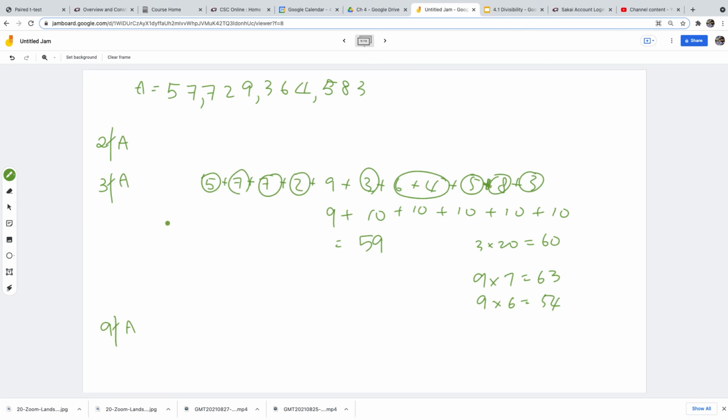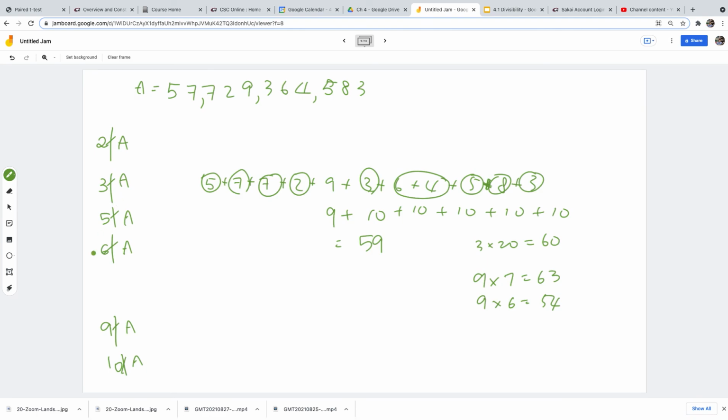But we also know that 6 does not divide A, because it's not divisible by 2 or 3, right? How about divisibility by 5? Of course not, because it doesn't end with a 0 or 5, and we know that it doesn't work for 10. What did we miss? Oh, 4 and 8.